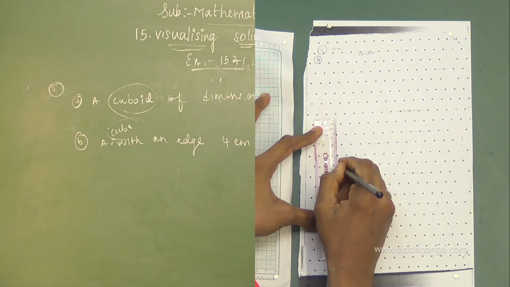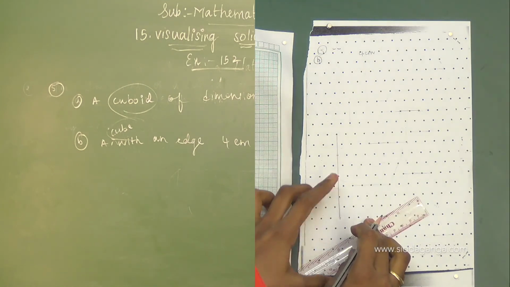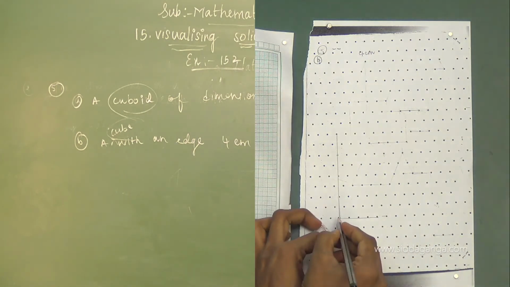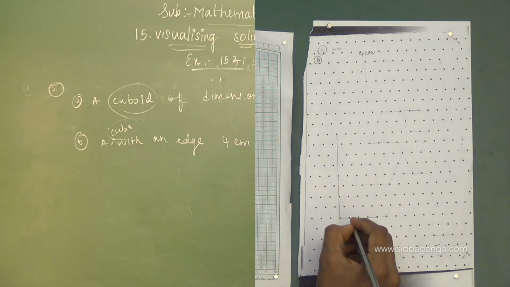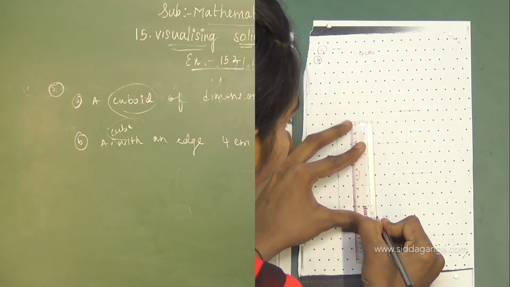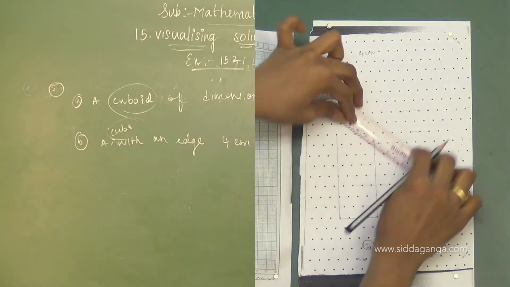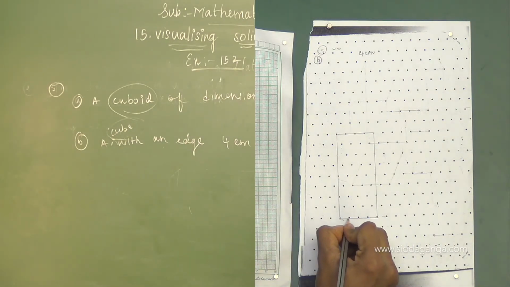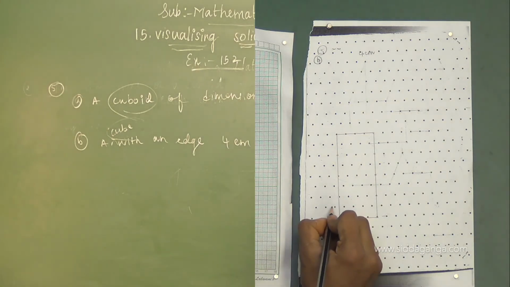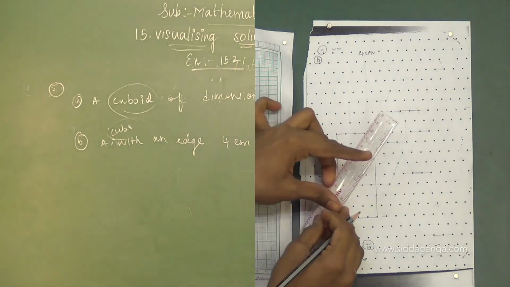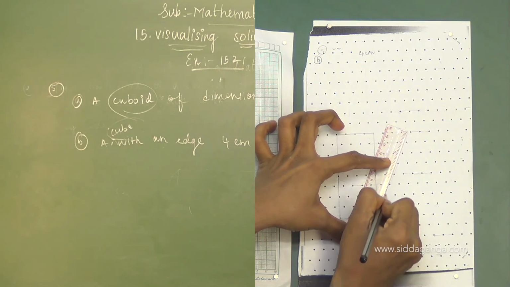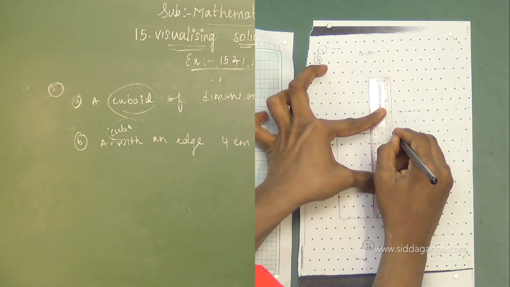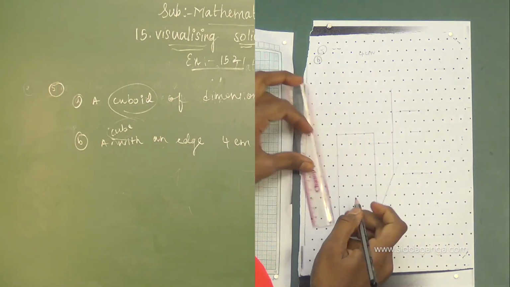First I am taking breadth. 1, 2, 3, 4. Each distance between dots I am considering as 1 unit. First I am forming one square. Here this is also 1 unit, this also 1 unit, and like this we have to take 4. Height also we have to take 4 units. 1, 2, 3, 4.